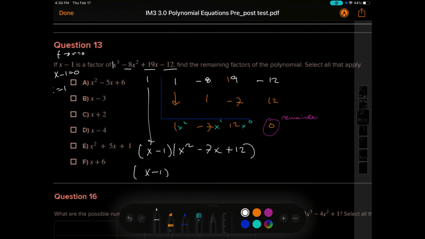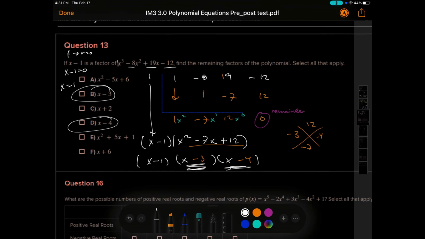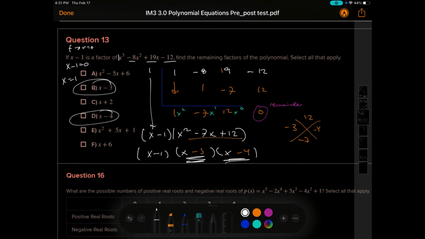And if I factor this one more time, this would become 3 and 4. So therefore you would have x minus 3, x minus 4, and we already knew what x minus 1 was. So question 13 has answers B and D.